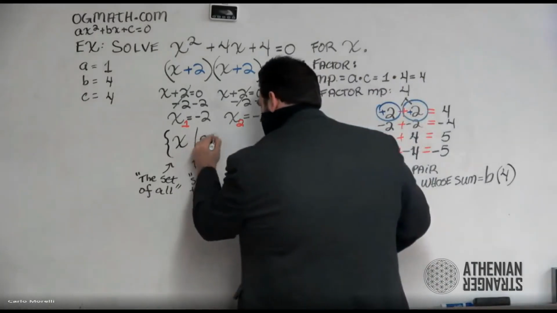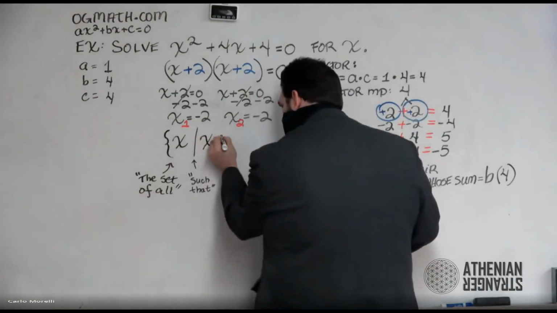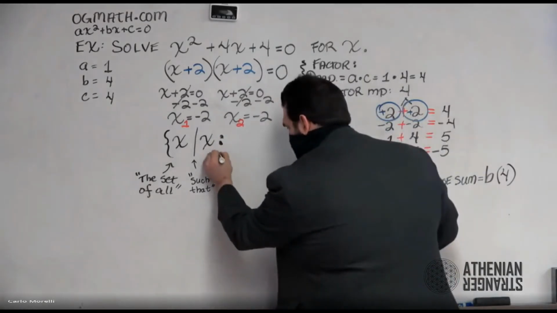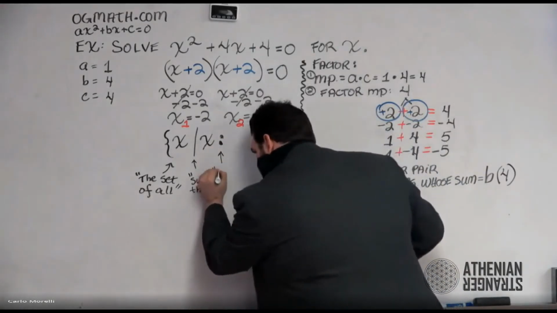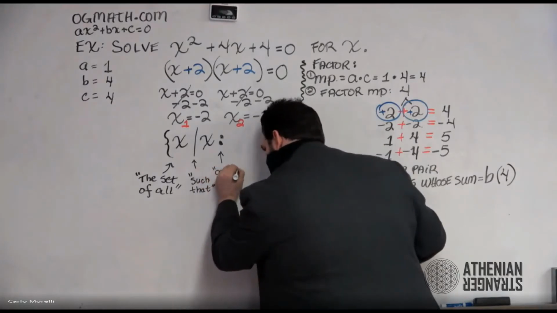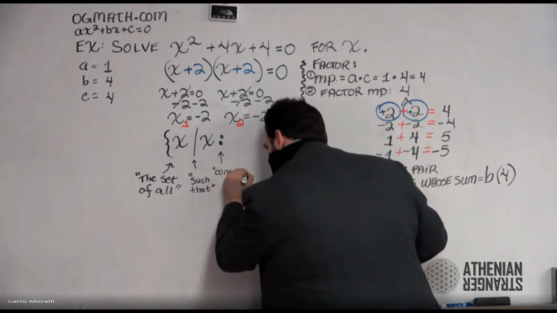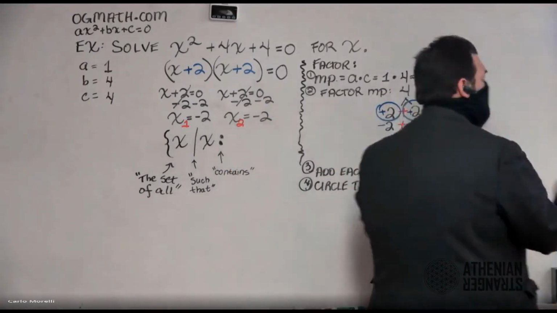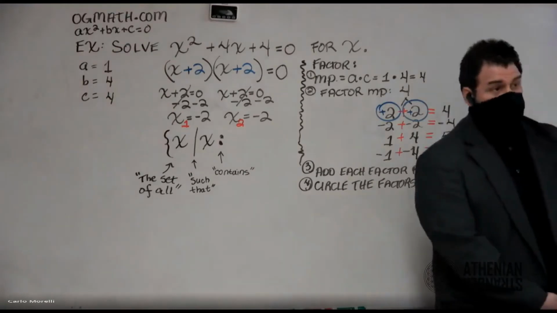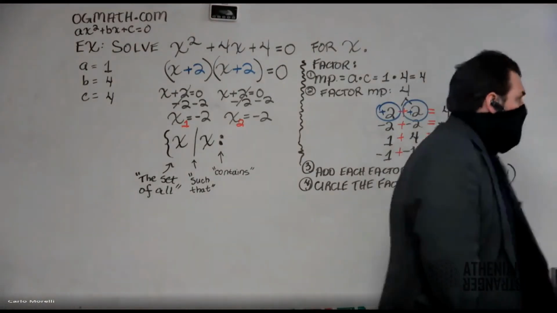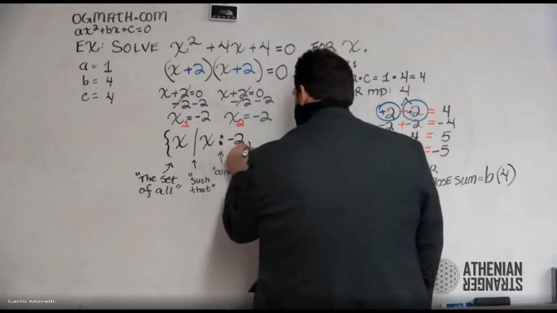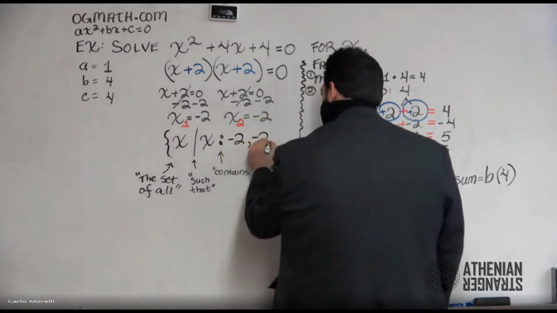And then write x, and then put a colon. And this means contains, like a container, okay? You're listing the contents of a container called x, because this container has more than one item. And we write -2, comma, -2.